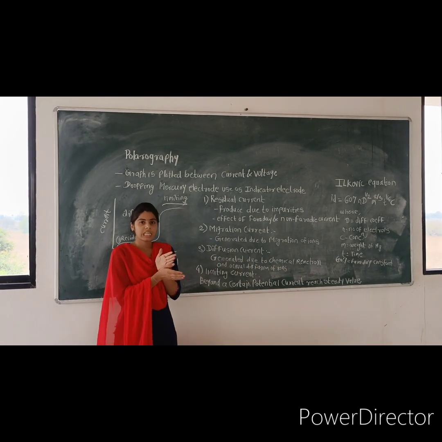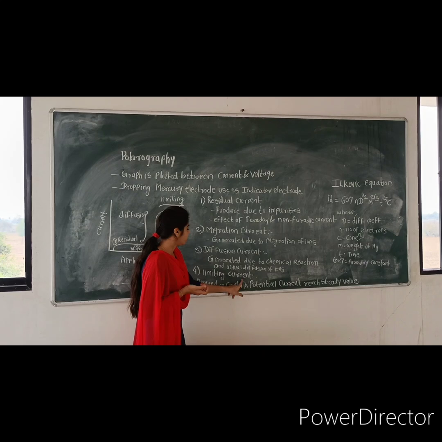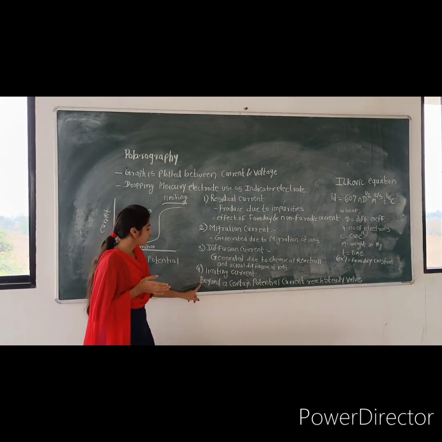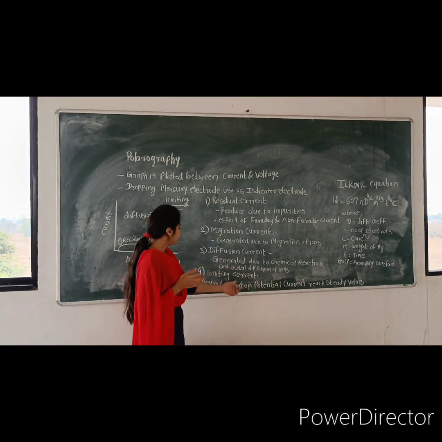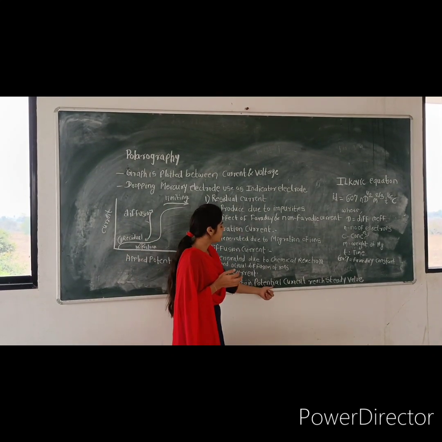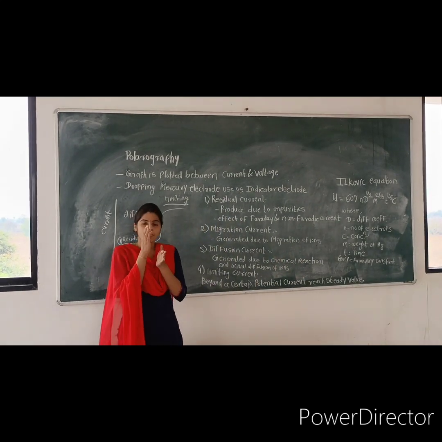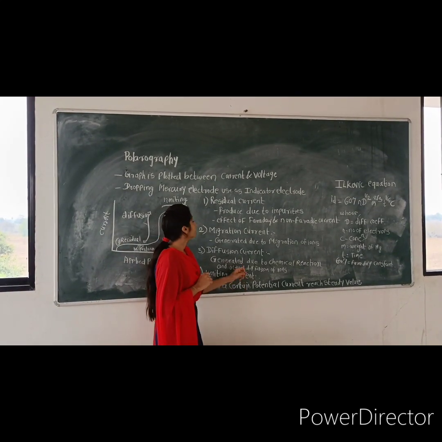That is, chemical energy is converted to electrical energy. Then limiting current. Limiting current means beyond a particular limit the current shows a steady state. So beyond a certain potential the current reaches a steady value, that is, the process is limited. So that is limiting current.